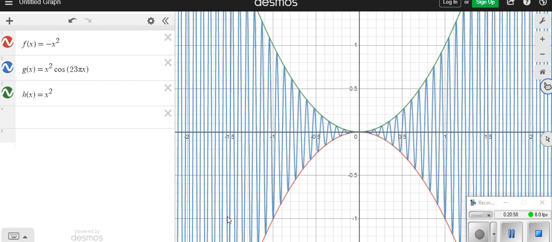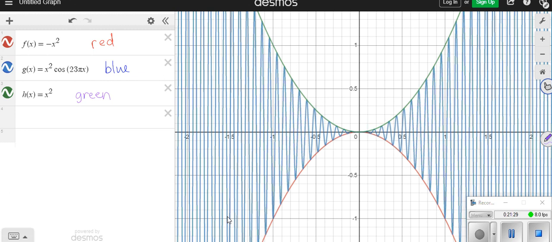So f of x is the red line. G of x is the blue. It's the cosine function, hence I kind of zoomed in so you all could see all the squigglies. Remember your cosine function, up and down and up and down. And the h of x, because it's the positive x squared, is the green. Of course I'm writing it in purple, but you get the idea.